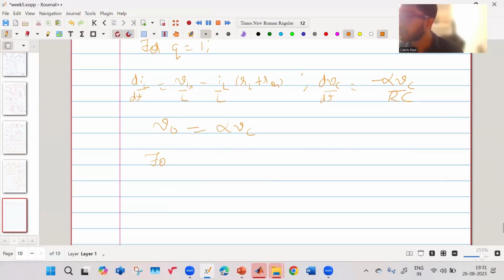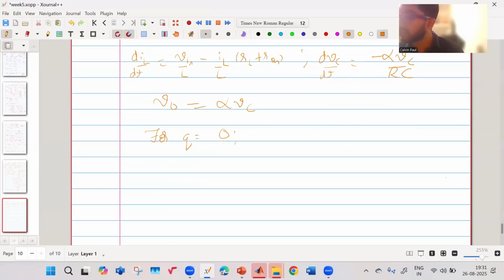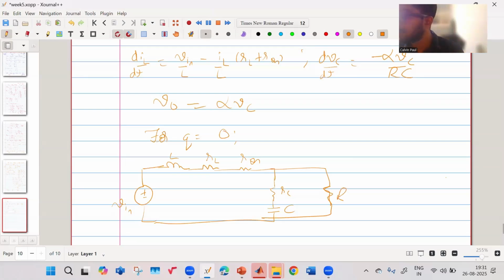Now for Q equal to 0, we need to find. Q equal to 0 is what? You have your Vn over here. You have your L, RL, R on, RC, C, R. Okay? This is your IL, this is your I naught, this is your IC, this is again your IL.